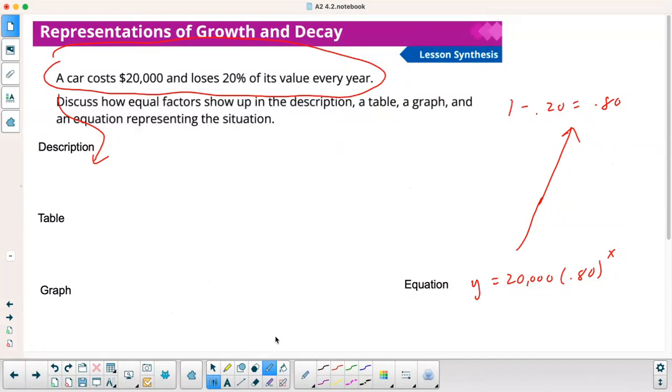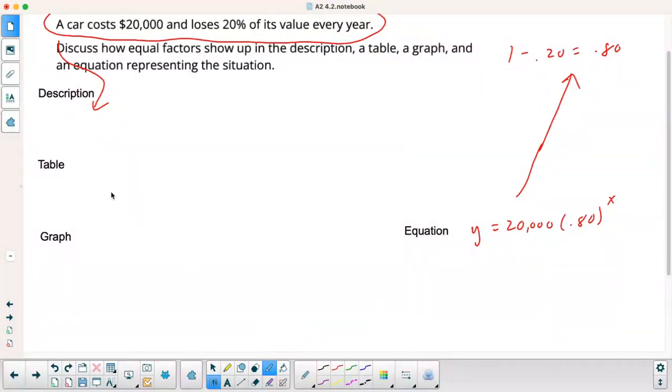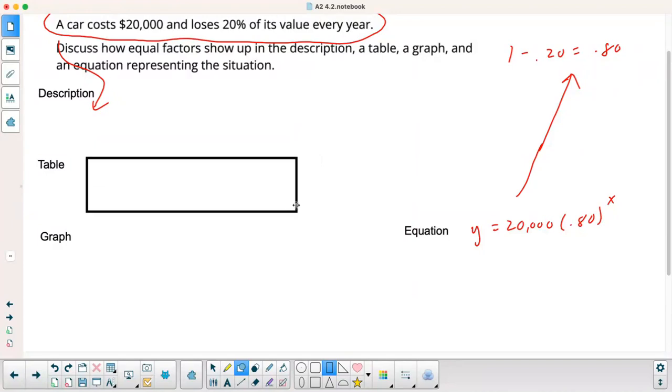All right, so if I wanted to sketch a graph, maybe go to a table next. Let's see here. If I made a table, x and y. My initial value I know right away is 20,000.